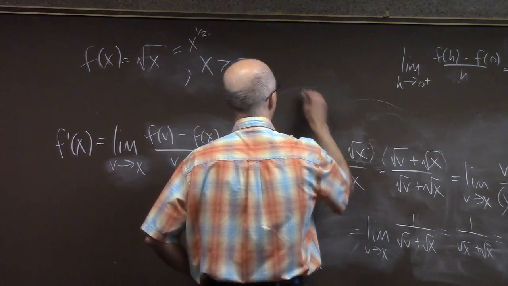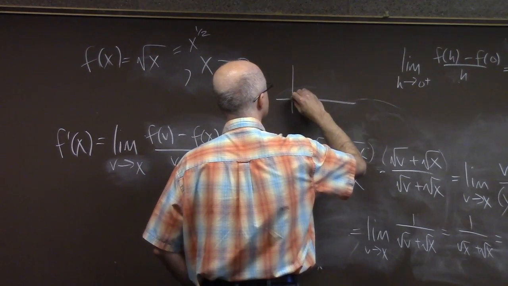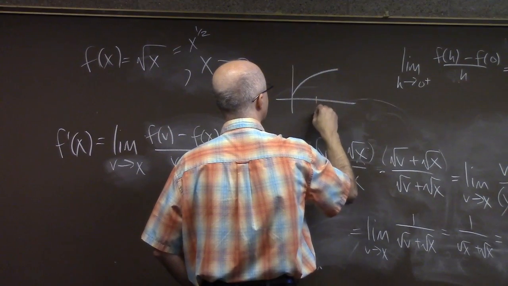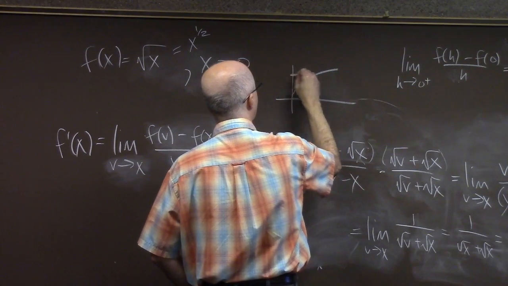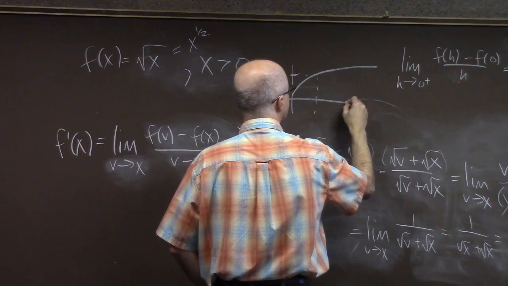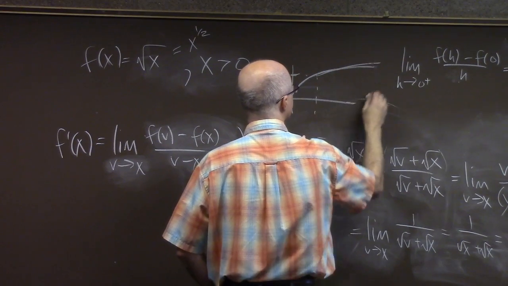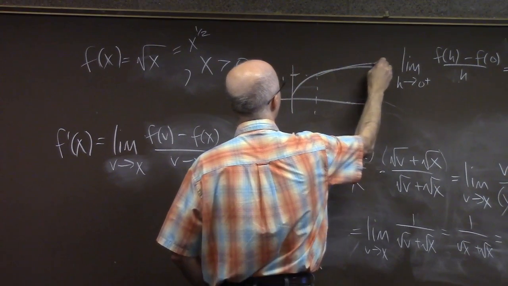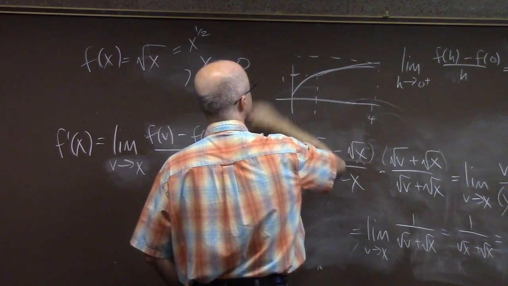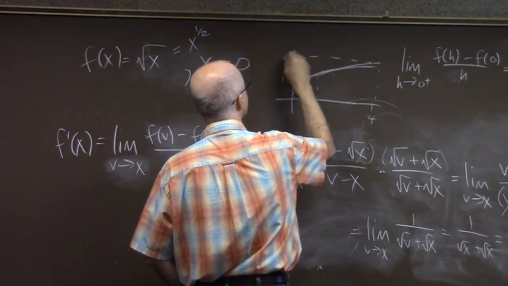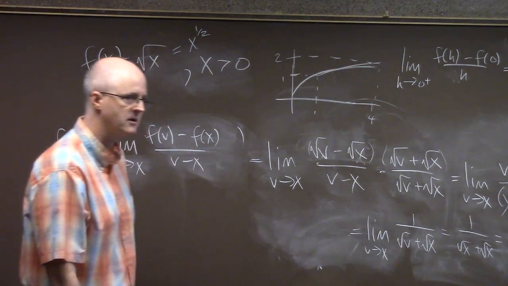The graph of the square root of x function looks about like this. Gets up to 2 when you're up to 4. This is a bad picture. Okay, pretend that's a good picture.